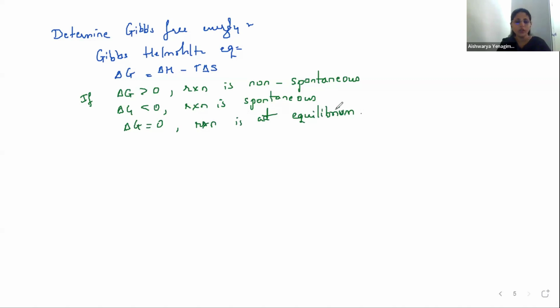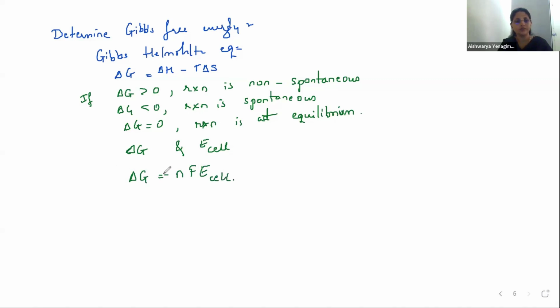So here we are going to establish a relation between delta G and E cell potential, between cell potential and Gibbs free energy, using the Nernst equation. So the relation is delta G is equal to minus nF E cell.